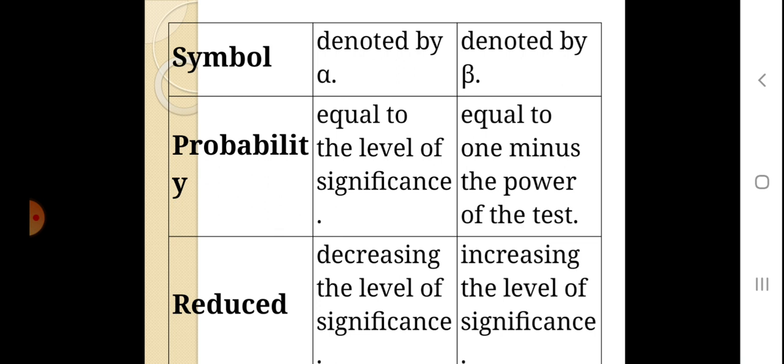The probability of type 1 error is equivalent to the level of significance, but in case of type 2 error, the probability of this kind of error is equal to 1 minus the power of the test. Type 1 error can be reduced by decreasing the level of significance, but type 2 error can be reduced by increasing the level of significance.